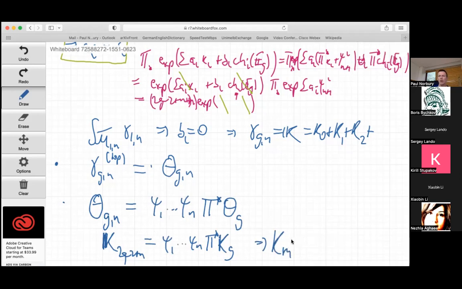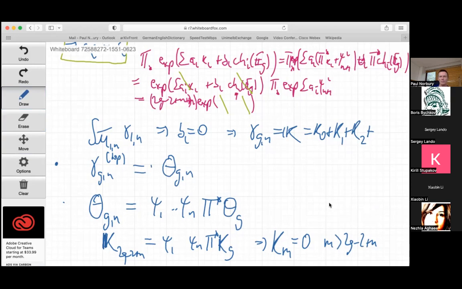So that proof, I might just sketch it because it will take a couple of minutes, I think. So km is equal to 0 for m greater than 2g minus 2 plus n, and gn not equal to... where it's not the case, it's not 3g minus 3 when n is equal to 0.